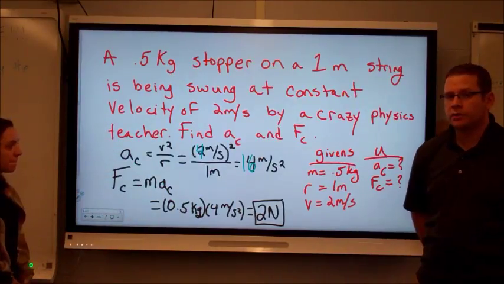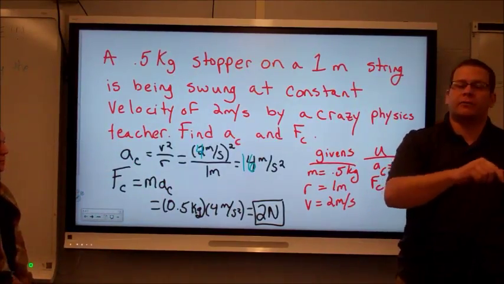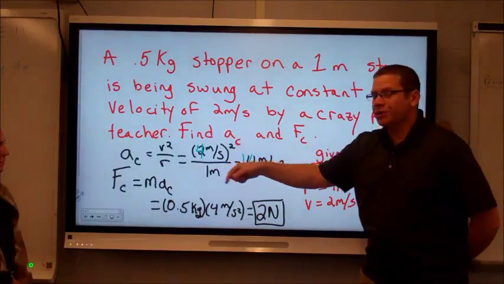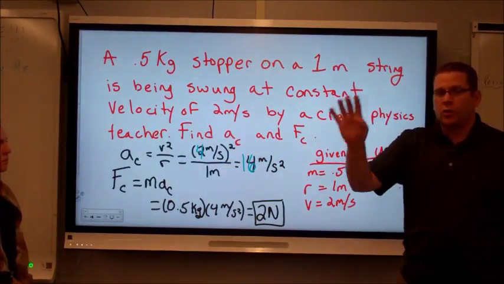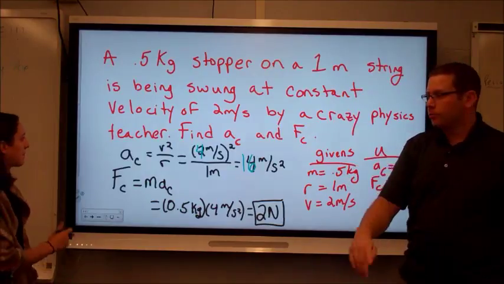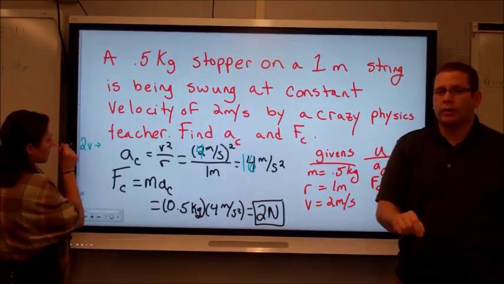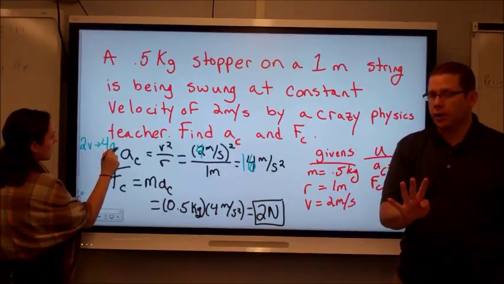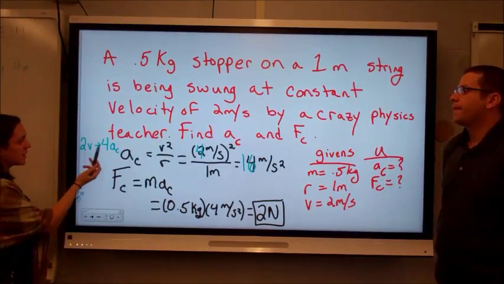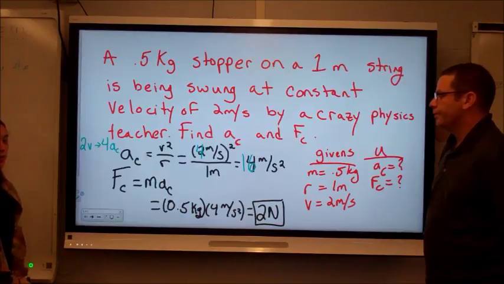So notice that because we doubled our velocity, the acceleration did not double. It quadrupled. Why? Because this velocity on top is squared, and 2 squared is 4. So if we double our velocity, we're getting 4 times that centripetal acceleration.